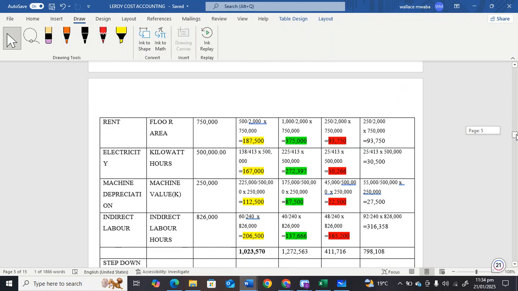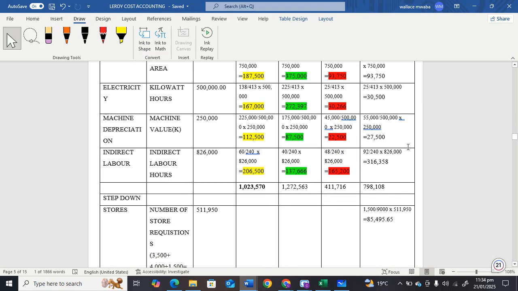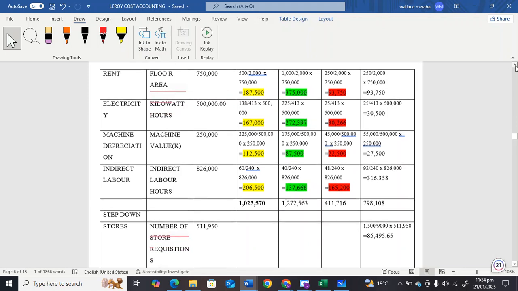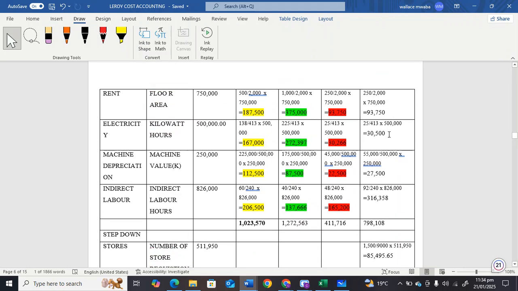Let's wait before we go there. It was on electricity where we had the discrepancies, right? So here it has to become 30,266. This one, 92 divided by 240 times 826.